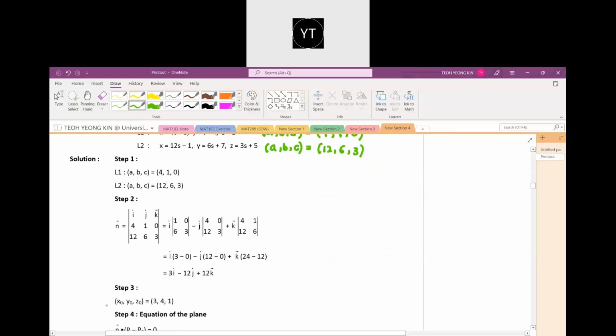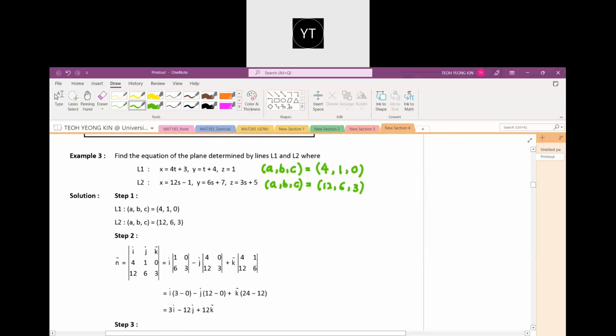Then step 3, we use x naught, y naught, z naught as our P naught. Using the first point, 3, 4, and 1, the x naught, y naught, and z naught from line 1, is our P naught.